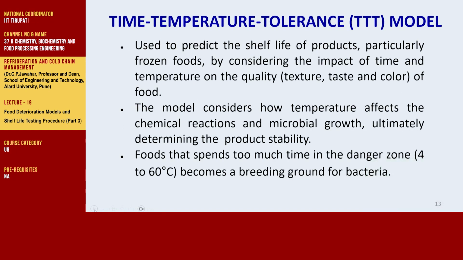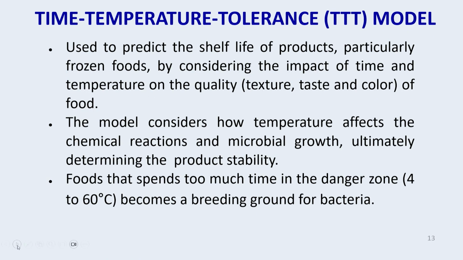Let us continue with the third type of the food deterioration model, that is called triple T model, time temperature tolerance model. So this is used to predict the shelf life of the product like the other models, particularly frozen food product. By considering the impact of time, as the name indicates, it is temperature time tolerance.